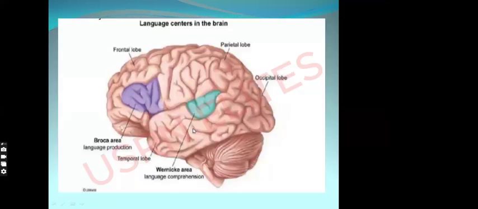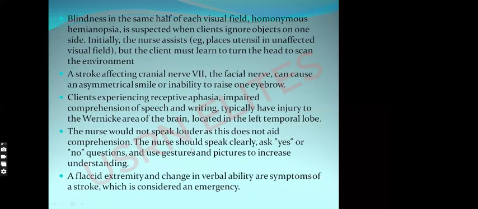So the clients experiencing receptive aphasia, that is impaired comprehension of speech and writing, typically have injury to Wernicke's area of the brain. And the location is the left temporal lobe.